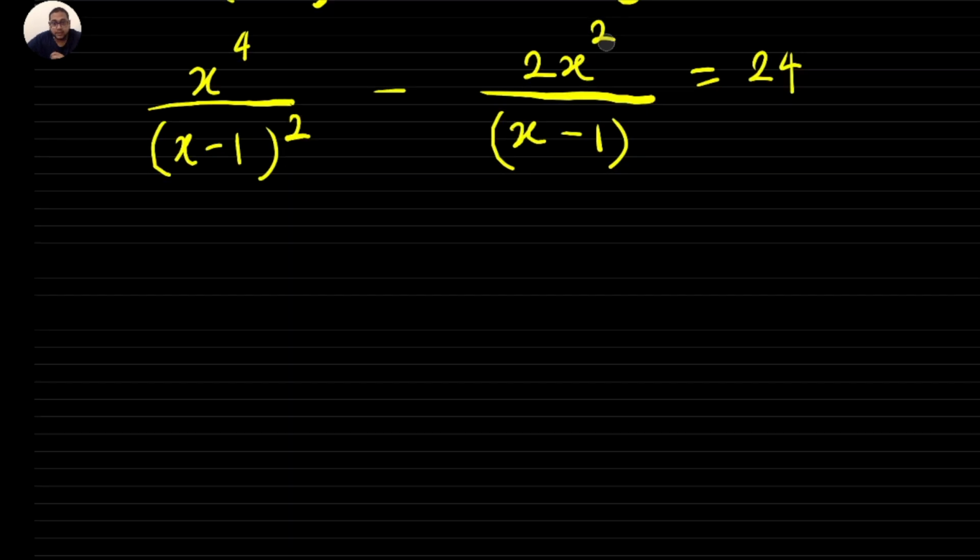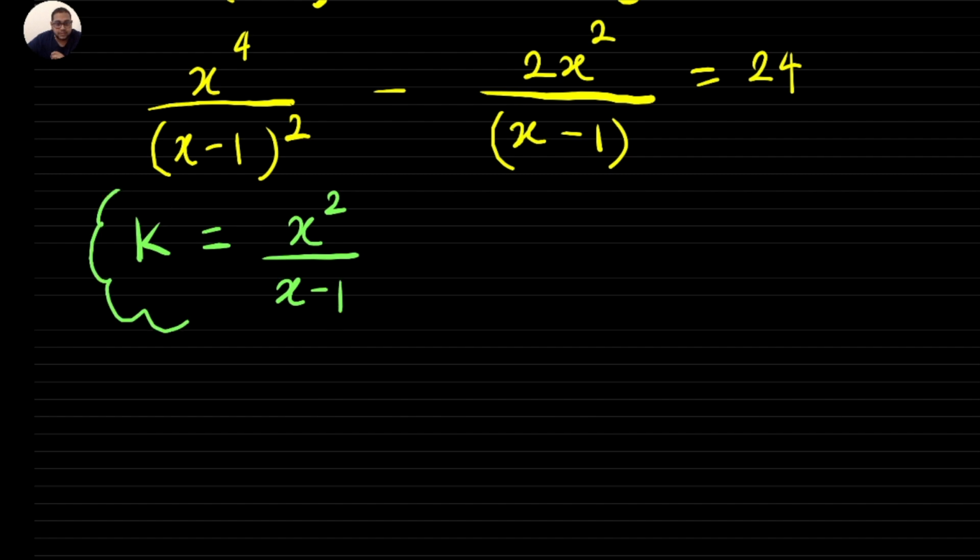X squared over x minus 1 is common in the first term as well as the second term. I'm going to introduce a new variable called k, and k is equal to x squared over x minus 1. And I'm going to substitute this wherever I see x squared over x minus 1.